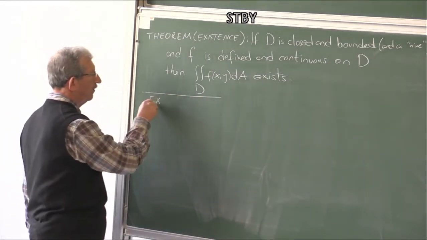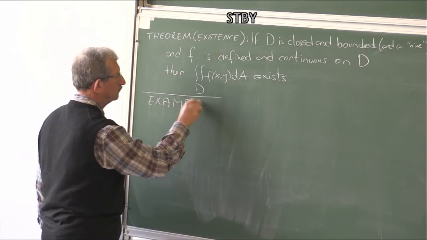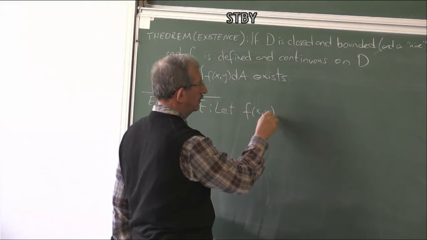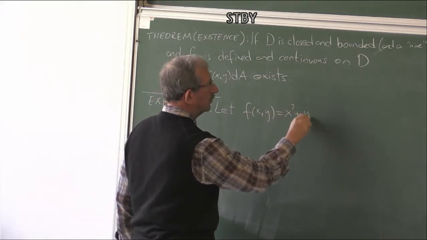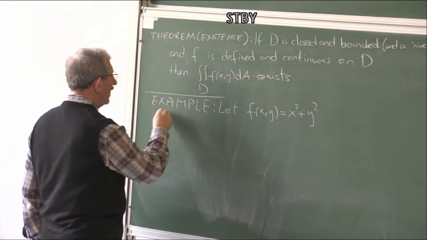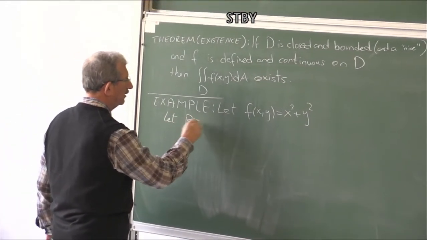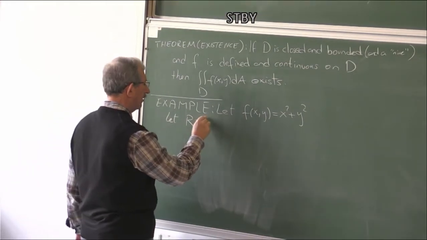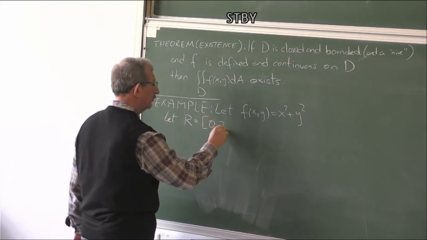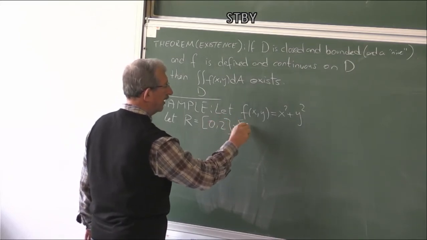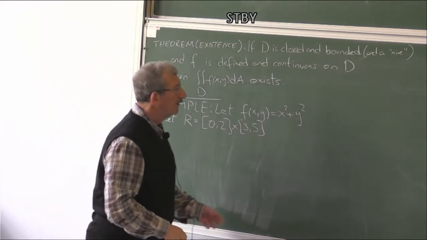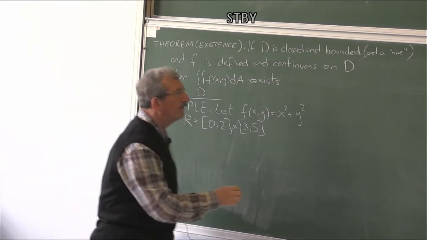Now an example. Let our function be x squared plus y squared. A polynomial, so continuous, everything is fine. And let R be the rectangle [0, 2] cross [3, 5]. That is to say, we have the following.